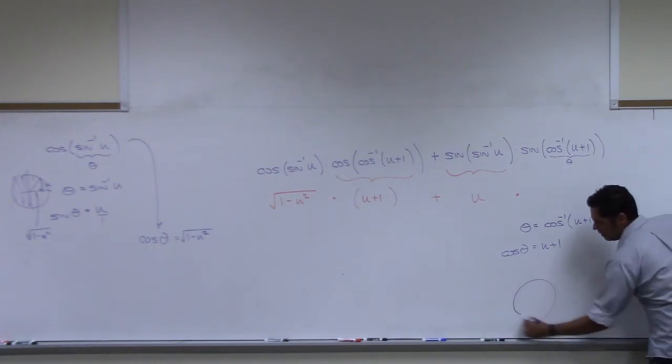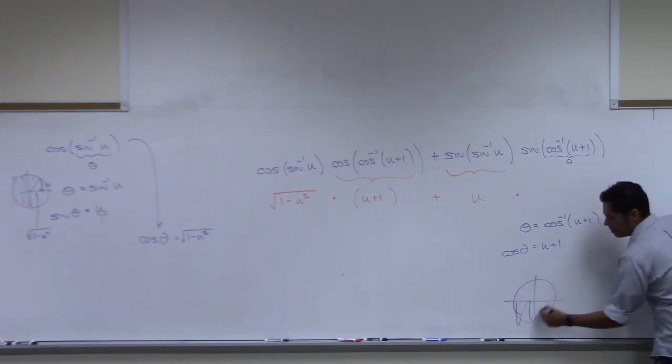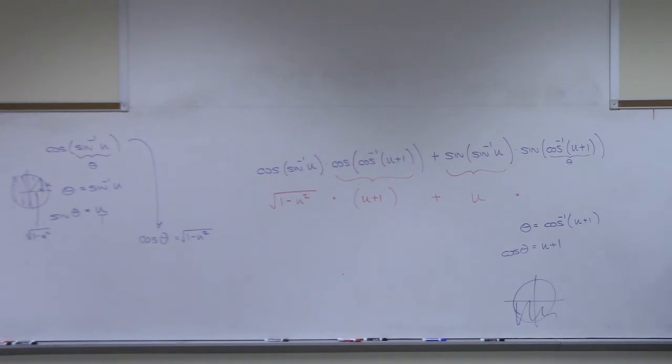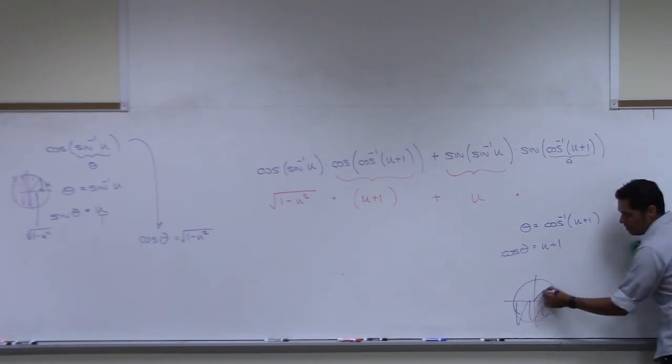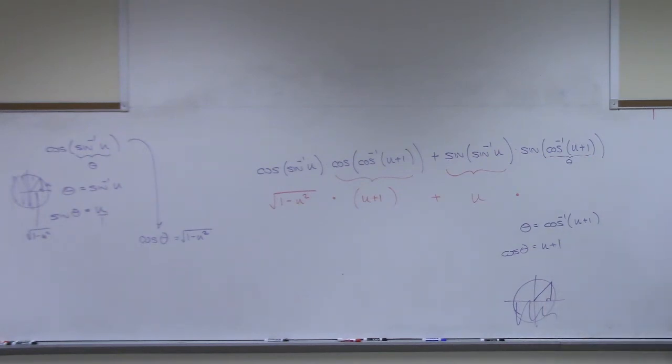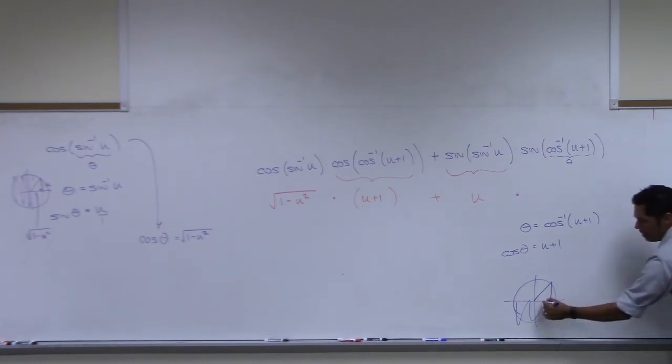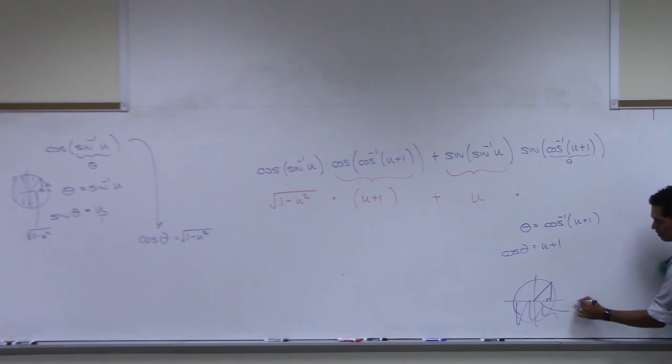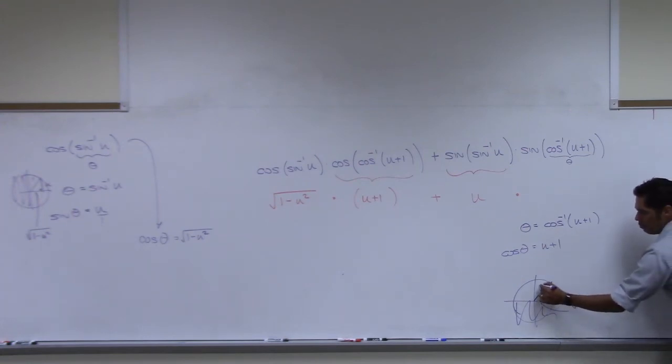I have to be in the top 2 quadrants. Again, it doesn't matter which way I draw it, so I'm going to draw it here again. It's the adjacent side, right? u plus 1 is this side right here, and this is 1.